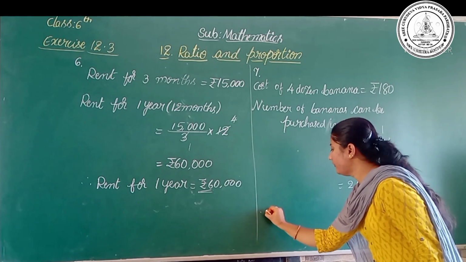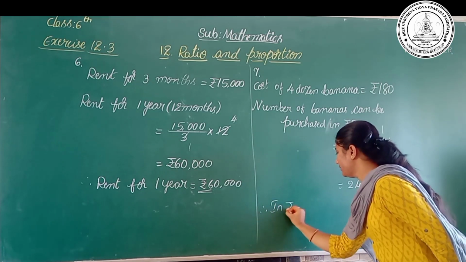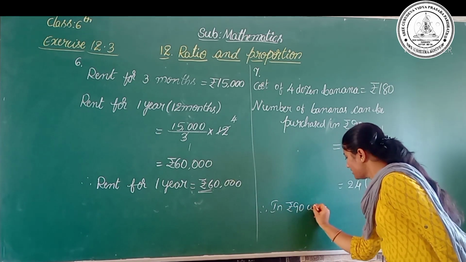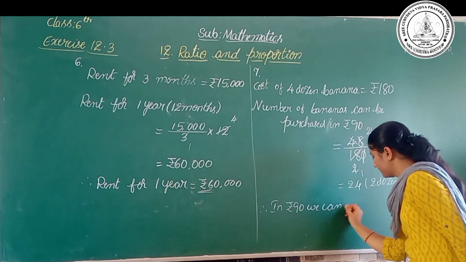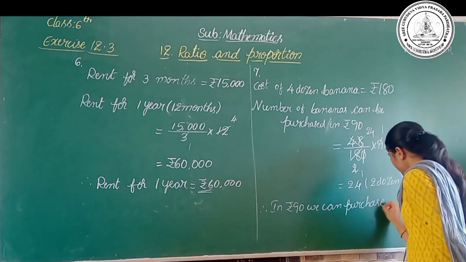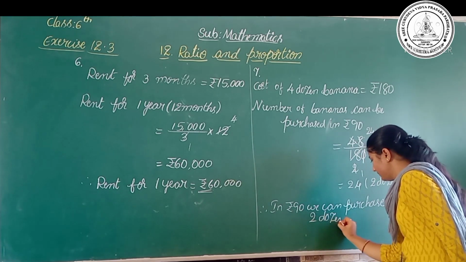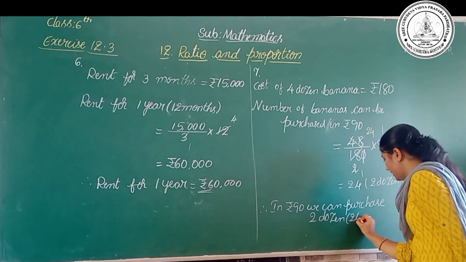Write down here: therefore in 90 rupees, we can purchase 2 dozen bananas. In bracket write down 24.